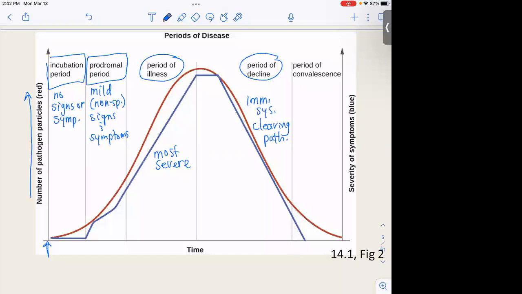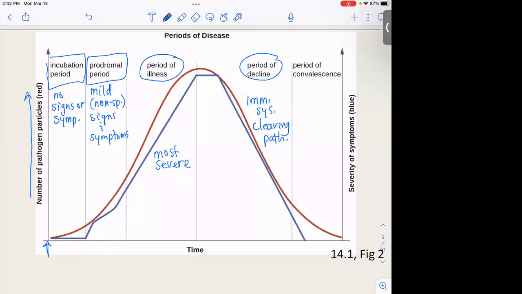Although the host sometimes is going to be susceptible to some secondary infection. So how often does somebody have a cold or the flu and then it turns into pneumonia? That original infection has weakened the host a little bit, so they're more susceptible to other infections. That can happen.